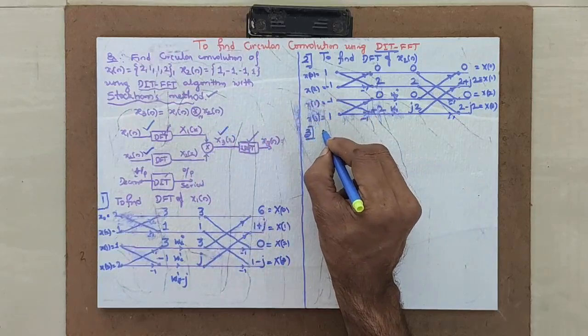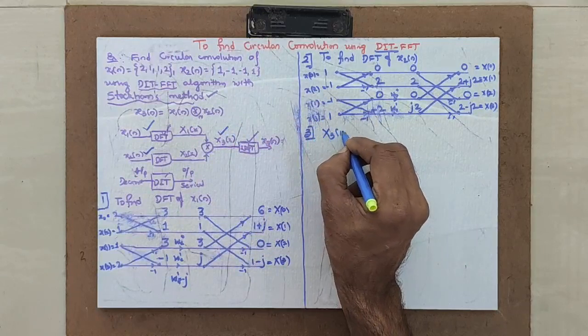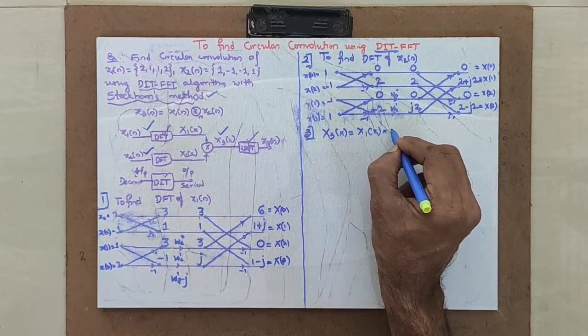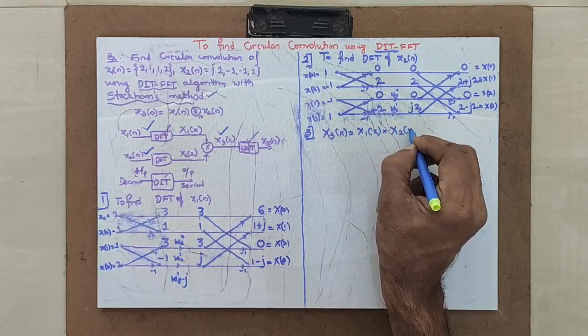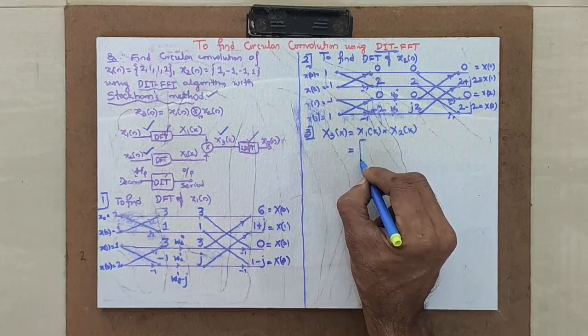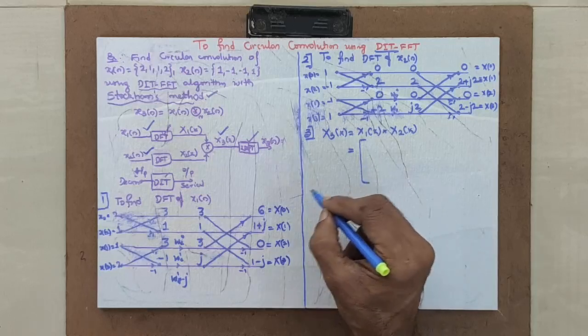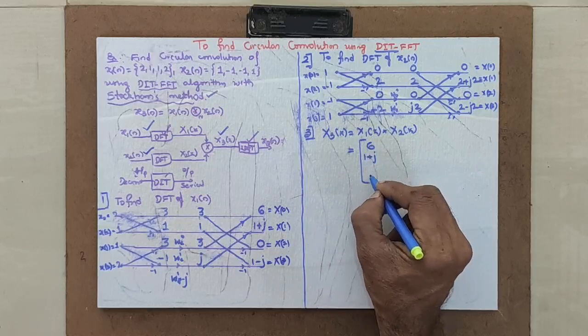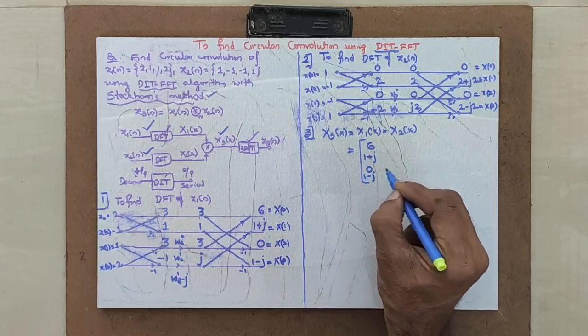Third, x3k is equal to x1k multiplied by x2k. Now I will find that. x1k is 6, 1 plus j, 0, 1 minus j.